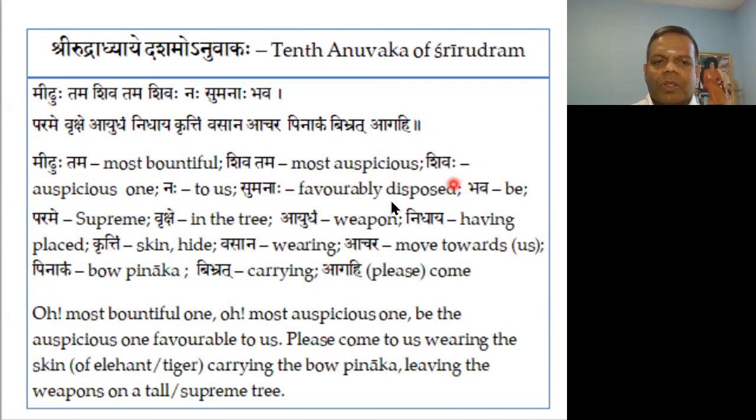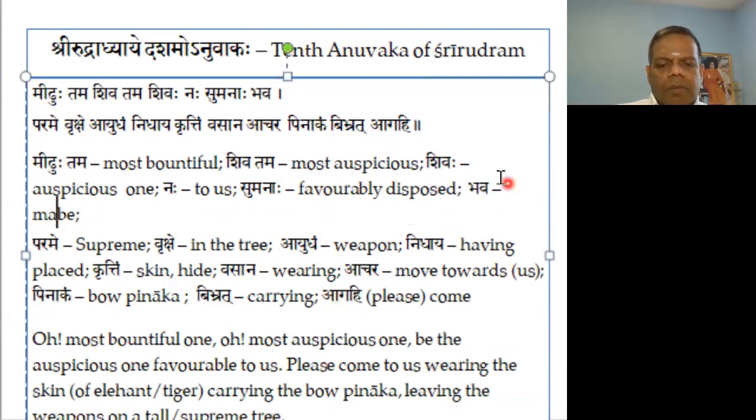Nah means to us. Sumana: mana is mind, the characteristic of the mind. Sumana means let your mind be auspicious or favorably disposed towards us. Bhava means let it be, may it be.